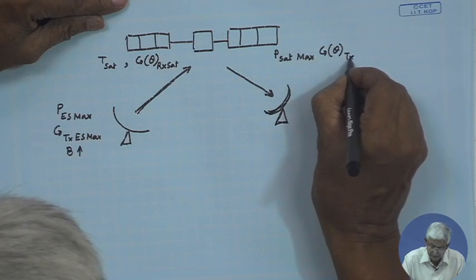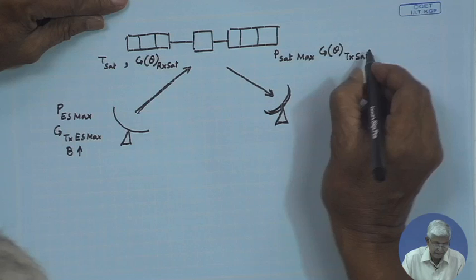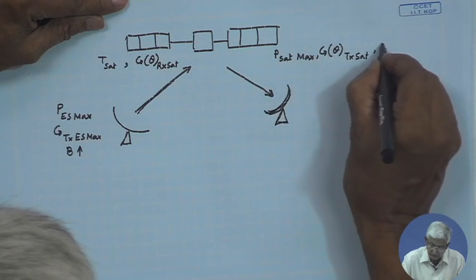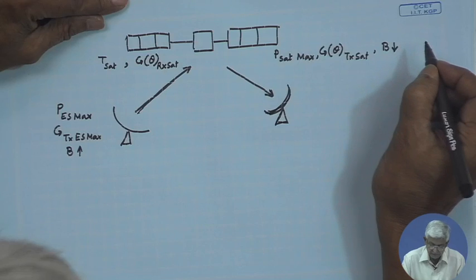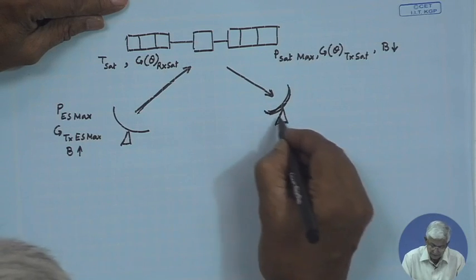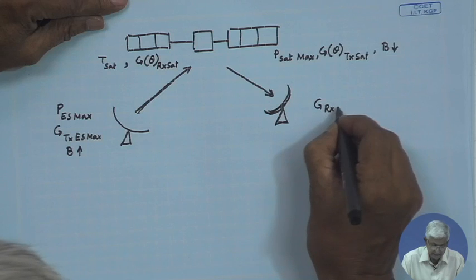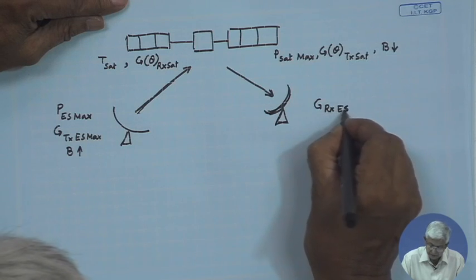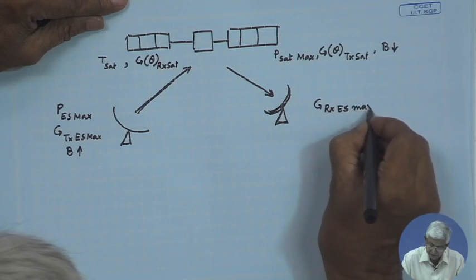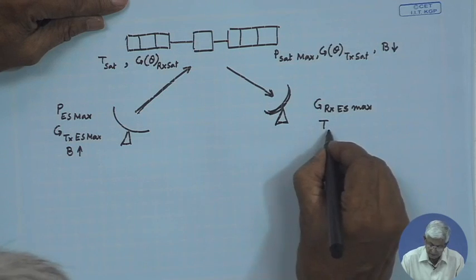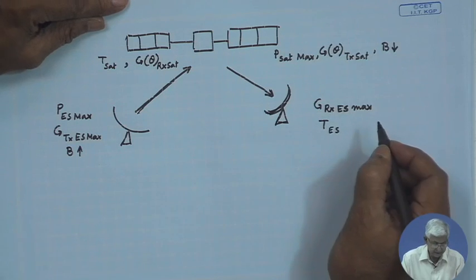So, that is transmitting from the satellite, and of course, the bandwidth of the downlink. The station which is receiving has a receive antenna gain, which is pointed, as I said, since it is on the ground, and the temperature of the receiving station.